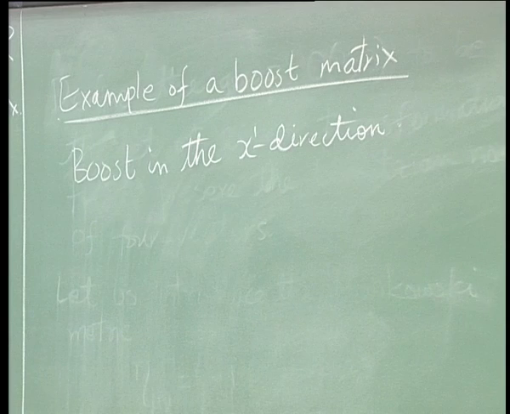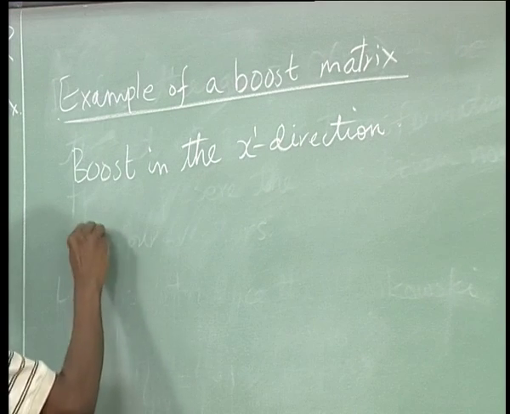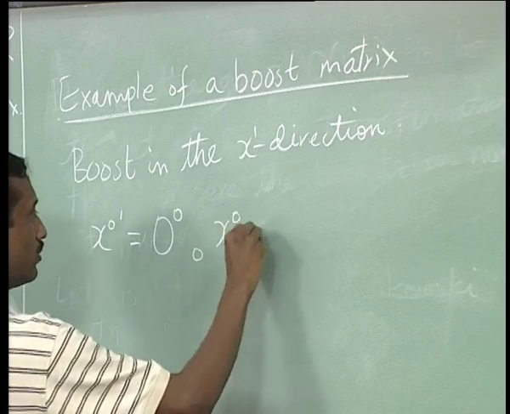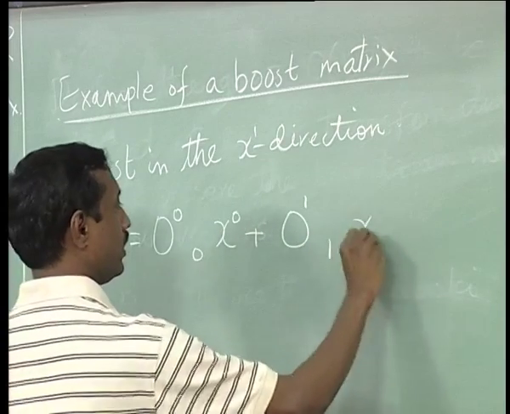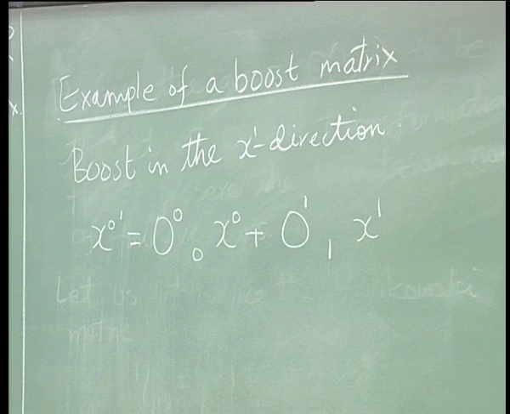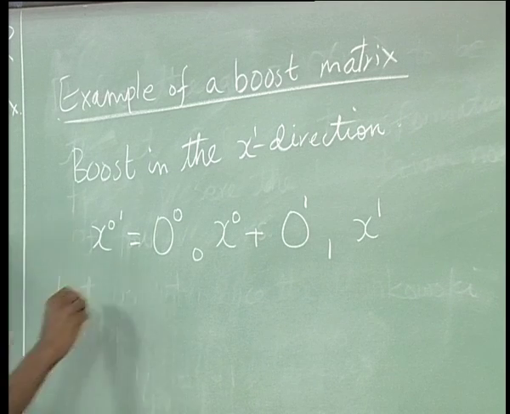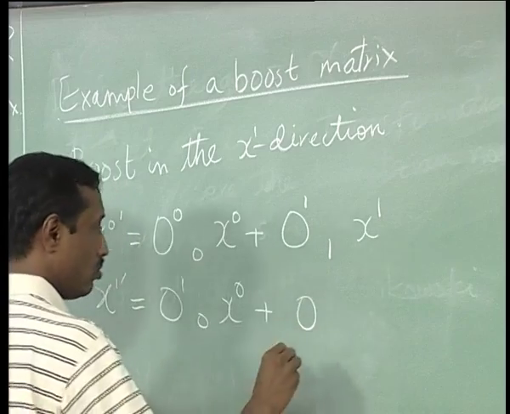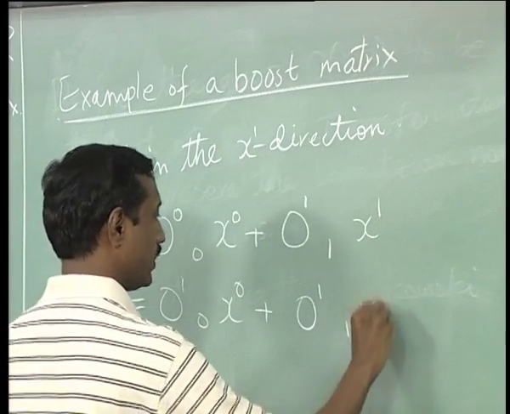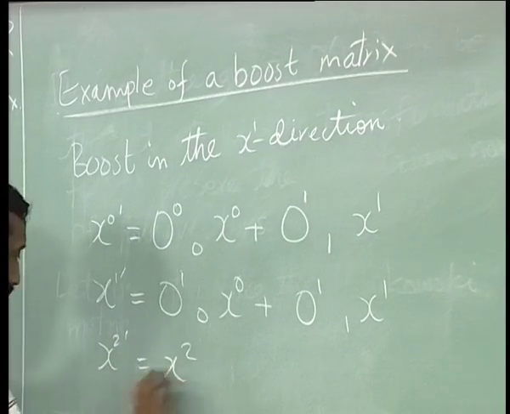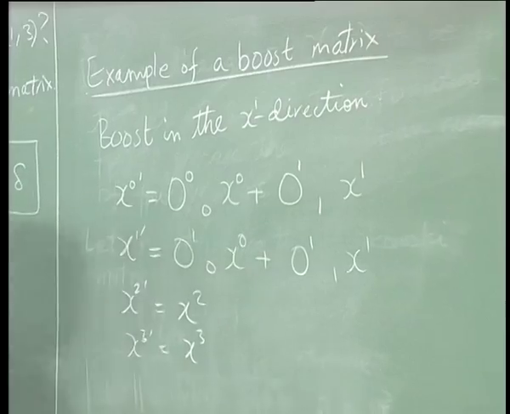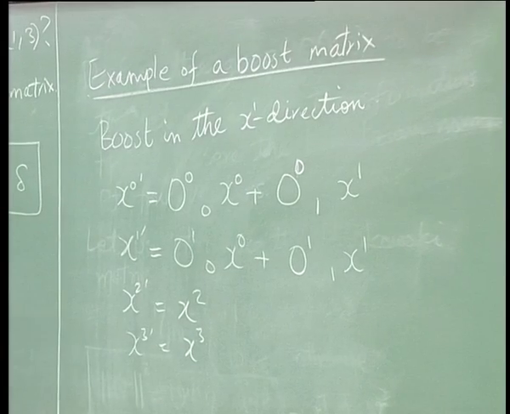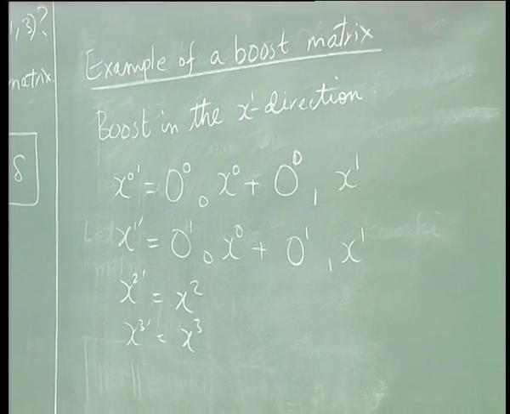In other words, what I have in mind is x0 prime equal to O00 x0 plus O01 x1, and it does nothing to x2 and x3, and x1 prime is equal to O10 x0 plus O11 x1, and of course x2 prime equal to x2, x3 prime equal to x3. So this is the transformation which we would like to plug into this, and we would like to check.